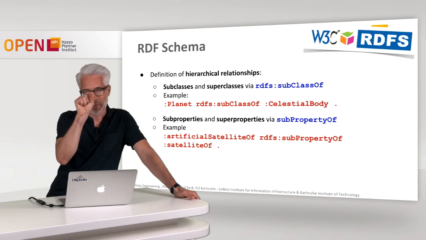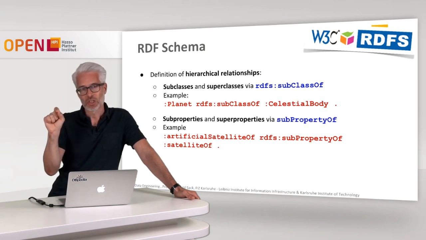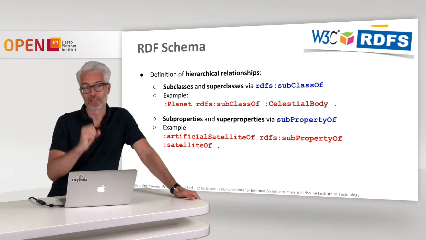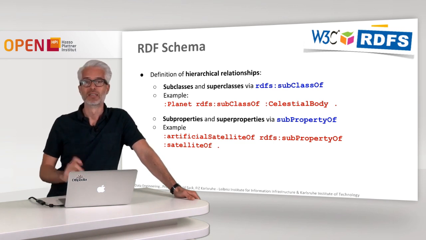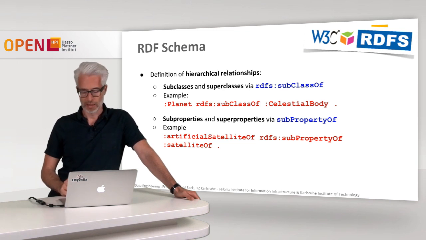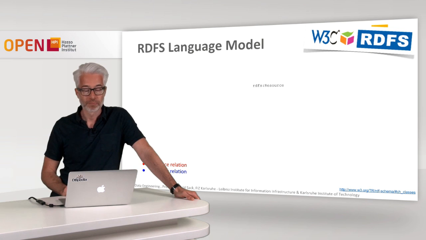So this is some kind of a specialization. A specialization of satellite of is then artificial satellite of. So this is much more special as a property. So these two means to define hierarchical relationships you have in RDF schema.